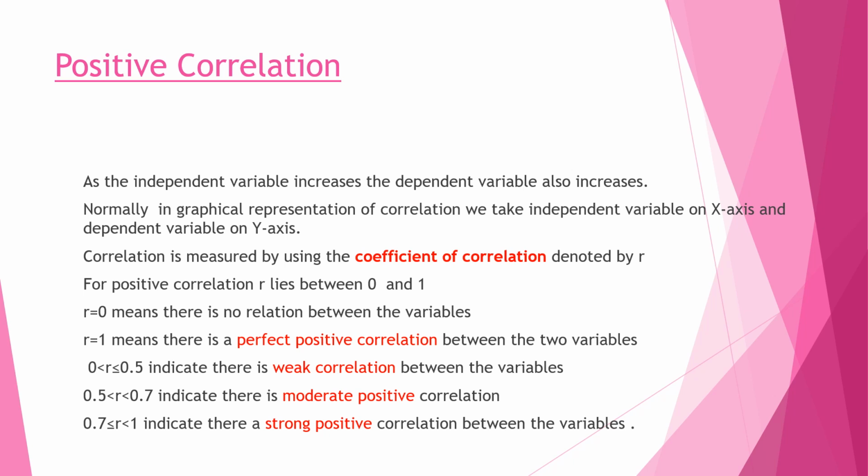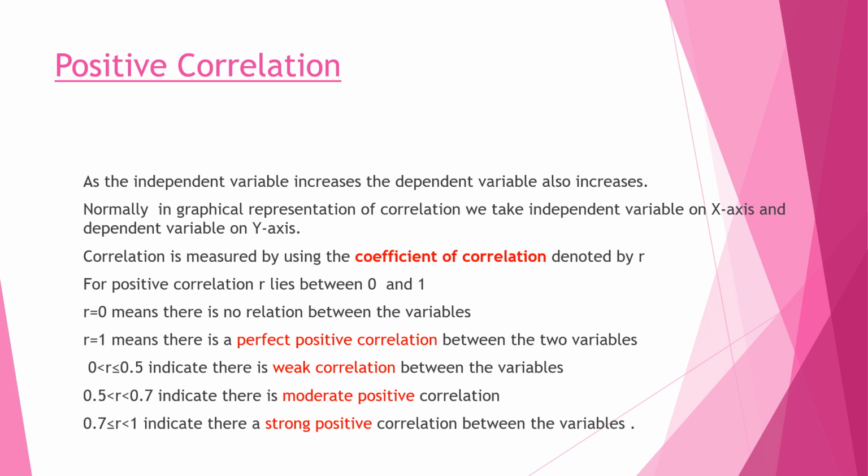First of all, positive correlation always lies between 0 and 1. When r is equal to 0, it means that there is no relationship between the variables. That means the variables involved are not related to each other. When r is equal to 1, we can see there is a perfect positive correlation between the two variables.